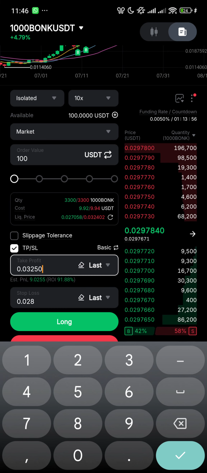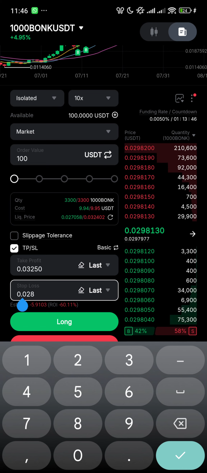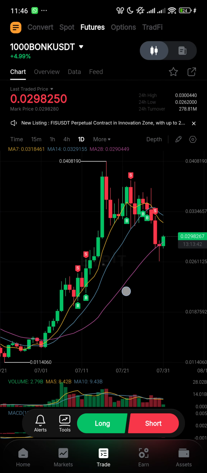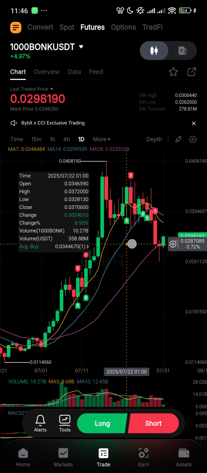So if you didn't enter at the actual price, you need to adjust your stop loss a little bit higher than where it was before. Looking on the chart, 27 will be around somewhere here, right? 28 will be around here. So our stop loss is around somewhere here, then increasing it will bring it here.